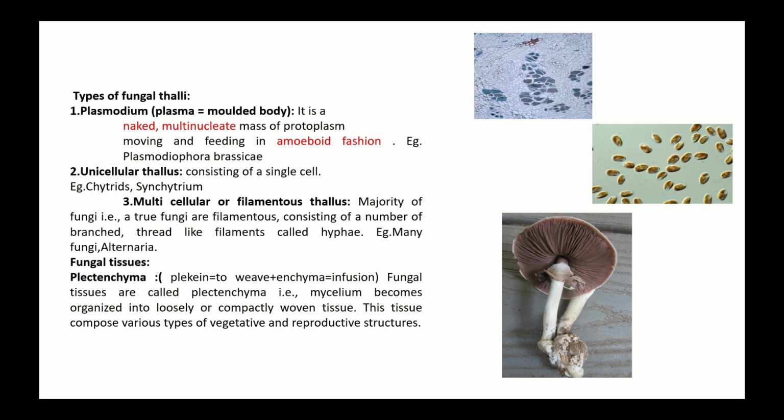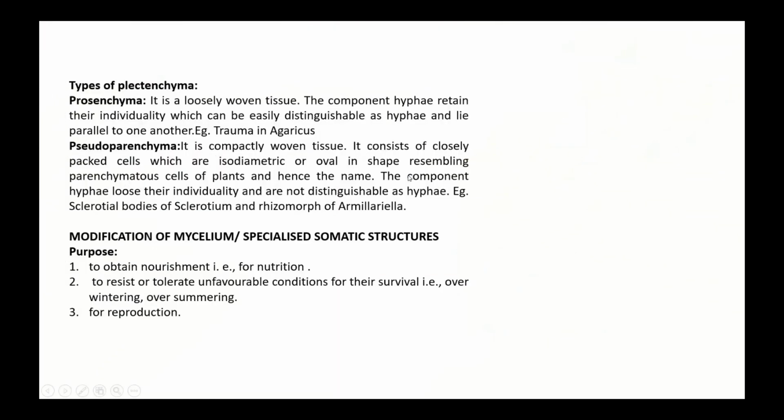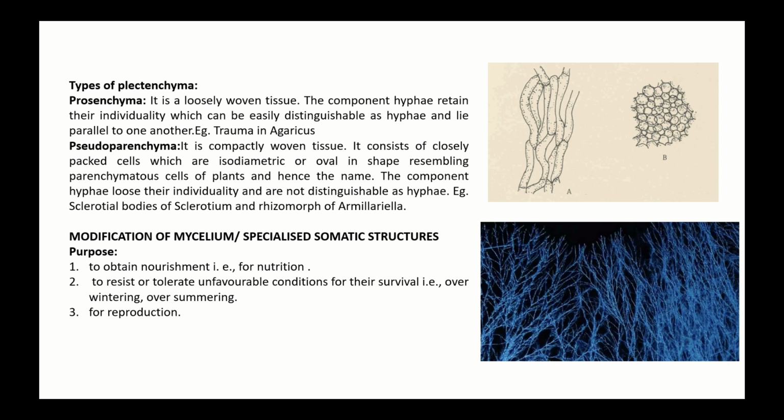Next is fungal tissue. Fungal tissue is called plectenchyma. Plecto means weaving, and chyma means infusion. It is shown in mycelium when it becomes organized into closely compact woven tissue.